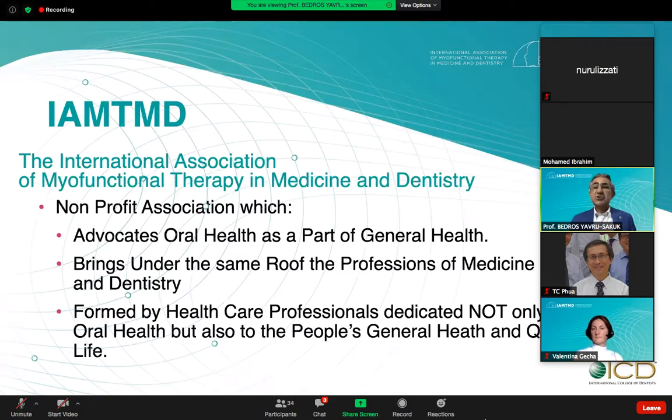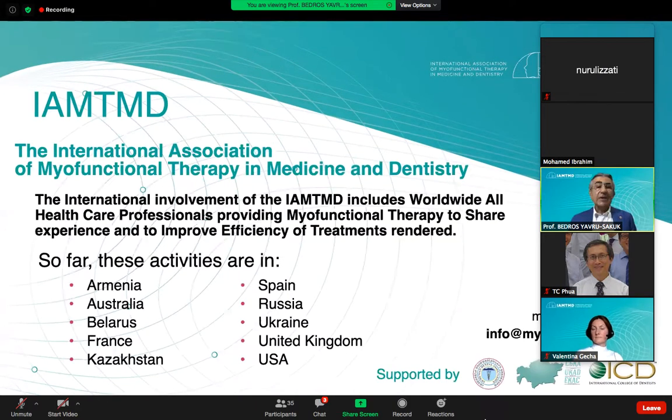The association is active in many countries: Armenia, Australia, Belarus, France, Kazakhstan, Spain, Russia, Ukraine, United Kingdom, and the United States of America. The number of countries where we are active is increasing, and this list will increase accordingly.